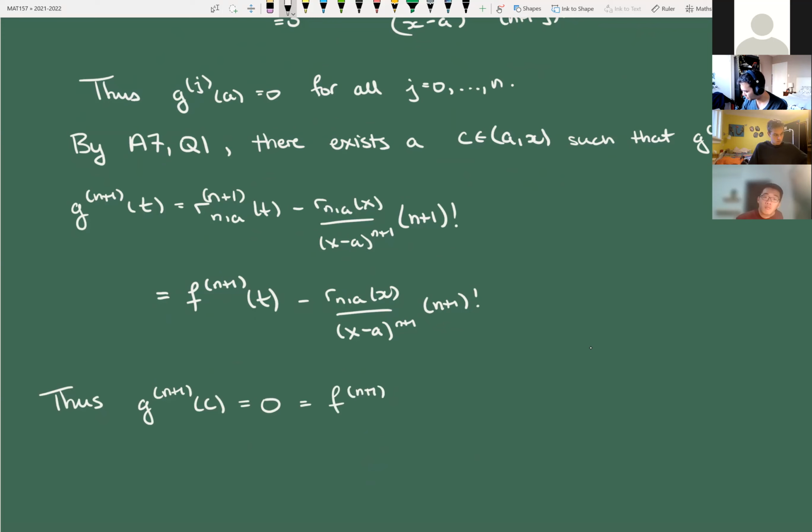That's f^(n+1)(c) minus R_{n,a}(x), over (x minus a) to the n plus 1, times n plus 1 factorial. And if we solve, oh, that's not what we're solving for.